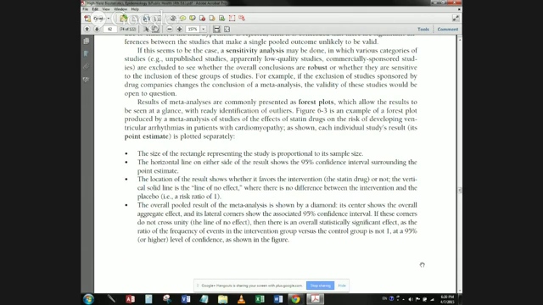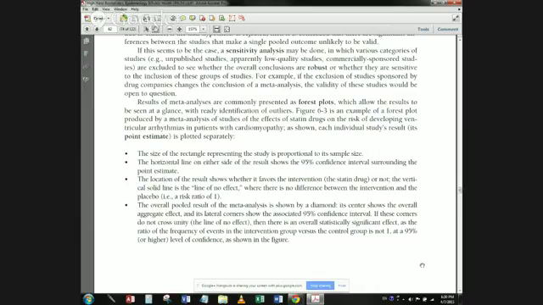Results of meta-analyses are commonly presented as forest plots, which allow the results to be seen at a glance, with ready identification of outliers. Figure 6.3 is an example of a forest plot produced by a meta-analysis of studies of the effects of statin drugs on the risk of developing ventricular arrhythmias in patients with cardiomyopathy.